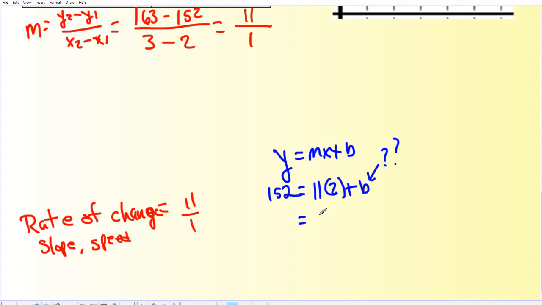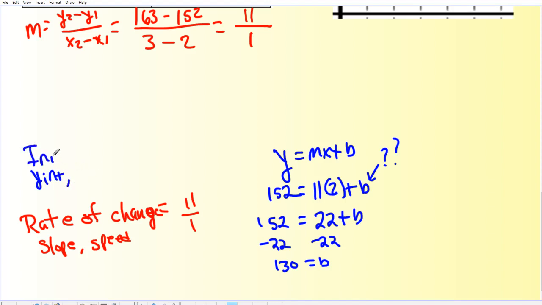Okay, 2 times 11 is 22. If I subtract 22 on both sides, b is equal to 130. I have found my y-intercept, which is my initial value of 130. So that means initial value, at the beginning of the day, we're talking about money, this guy gets paid 130 bucks.